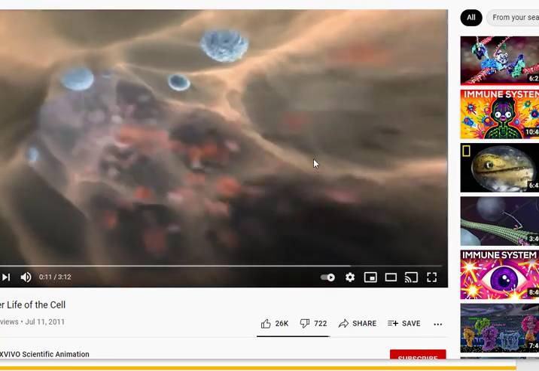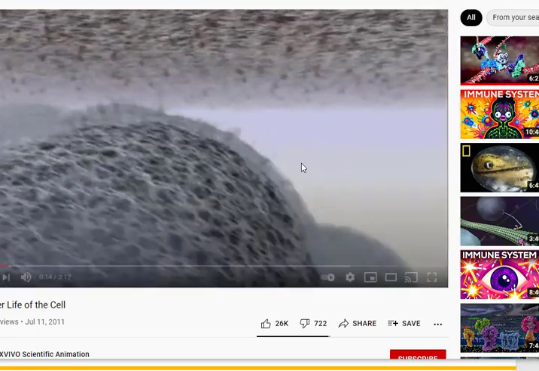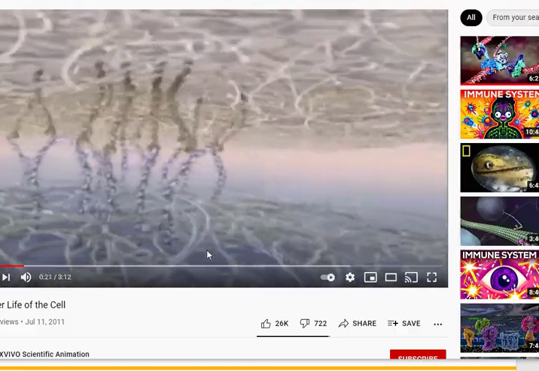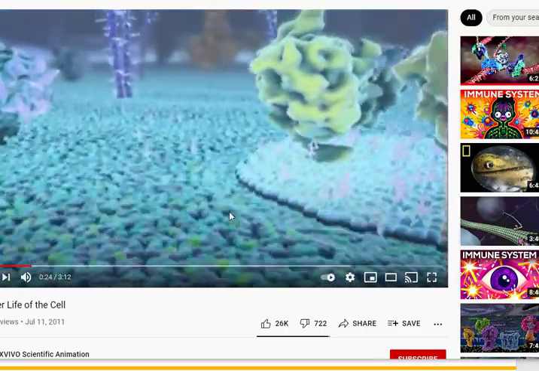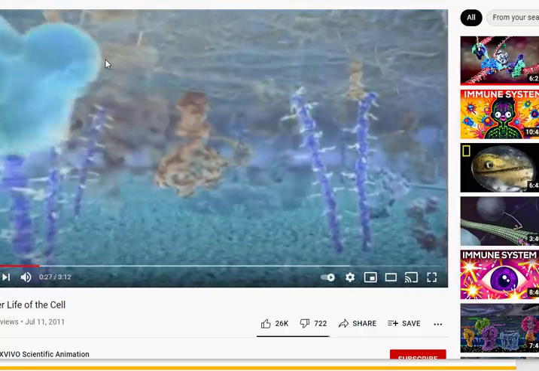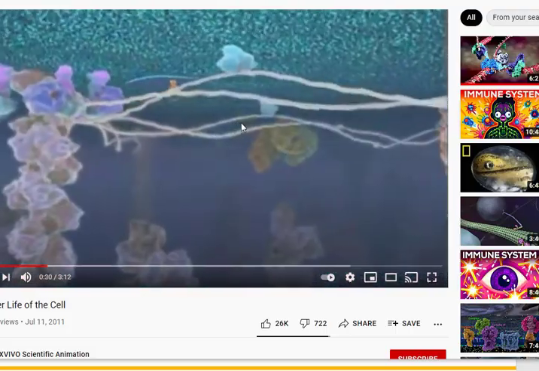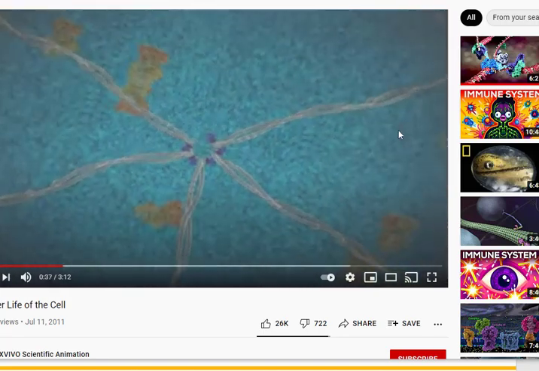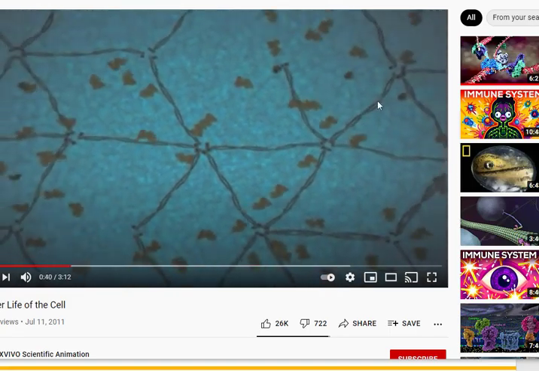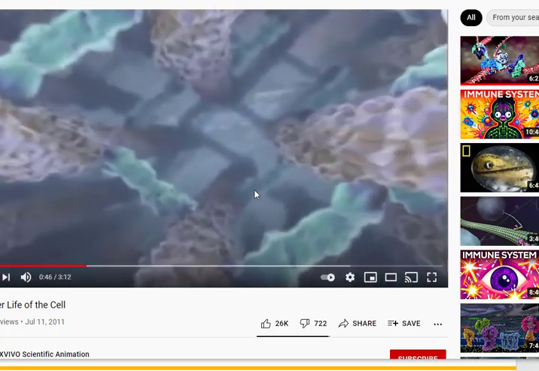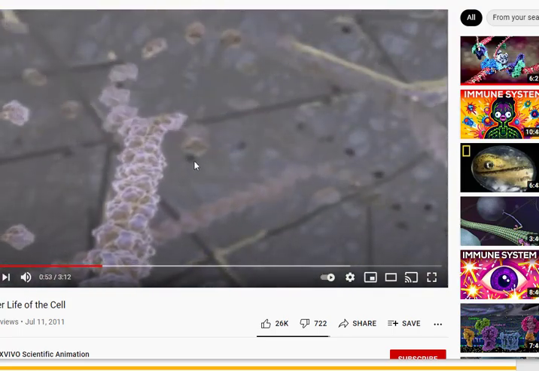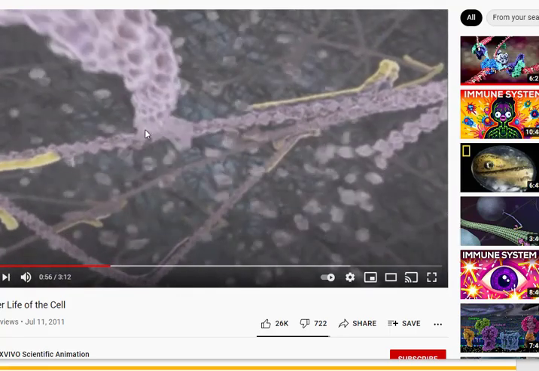The Inner Life of the Cell by Harvard, showing proteins, linear proteins holding cells together, receptors on the outside of cells, more of the linear, fibrous, globular, structural, the inner meshwork holding the cell together.